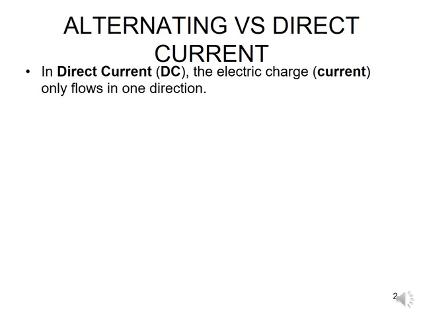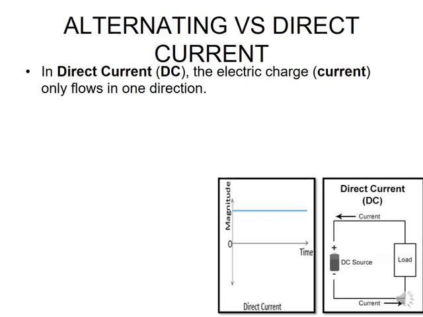So direct current is really a flow of electricity in only one direction, and it can be represented with the diagrams that you see at the bottom, where on your flow chart it just shows a straight line going across.